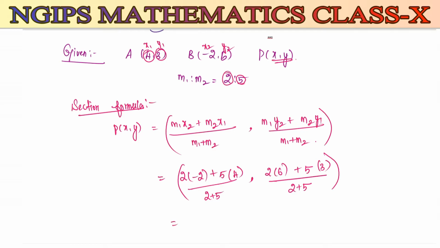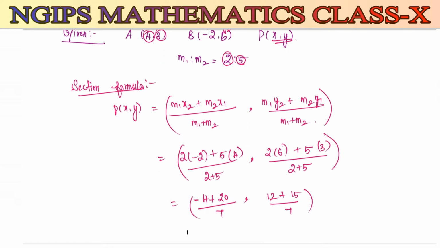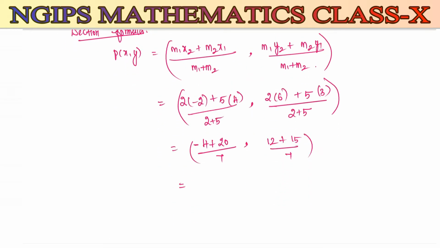So plus into minus, it will be minus, 2 2s are 4 plus 4 5s are 20 divided by 5 plus 2, it is 7, 2 6s are 12 plus 5 3s are 15 divided by 7. If you solve this, minus 4 plus 20 is 16 divided by 7, comma 12 plus 15 is 27 divided by 7.